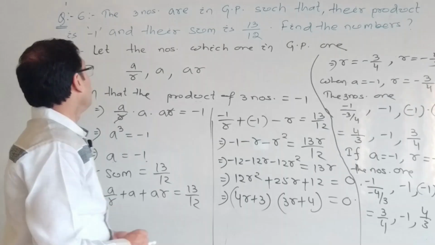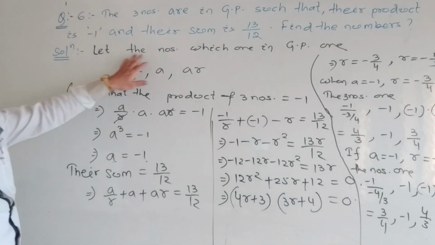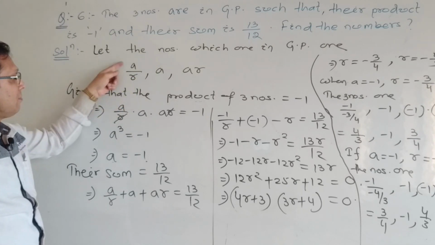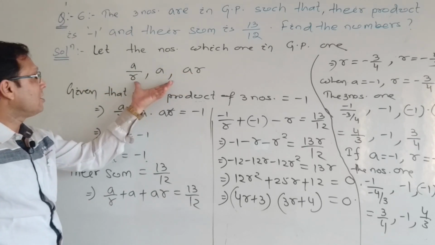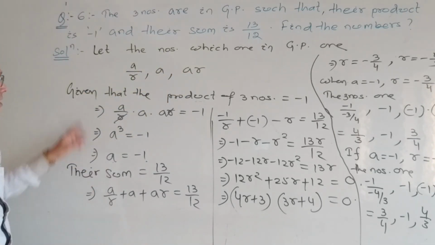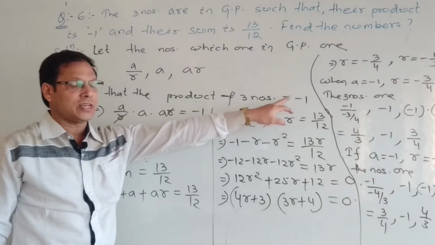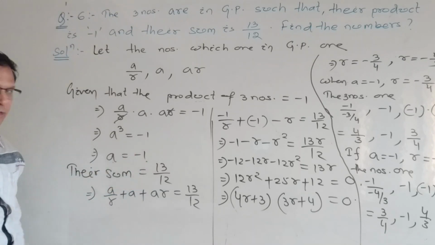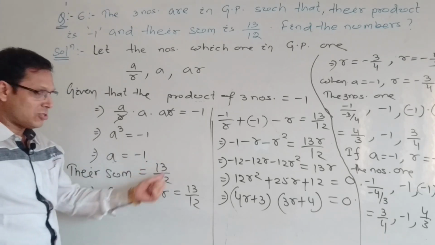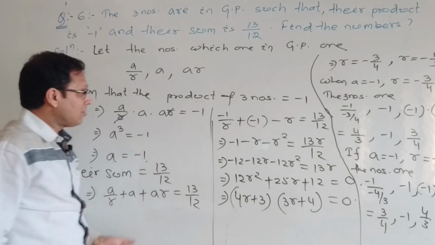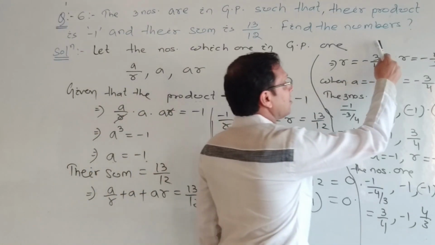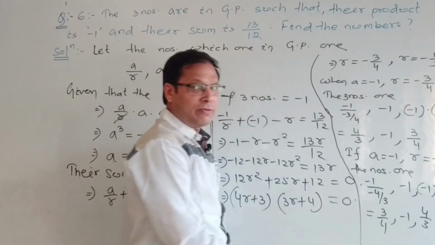If you summarize this, first you have to take A by R, A, AR as the 3 numbers which are in GP. Then given that the product of the 3 numbers is minus 1, taking this you can find the value of A. Next their sum is also given, so by that condition you can find the value of R. Here two values of R we have found.